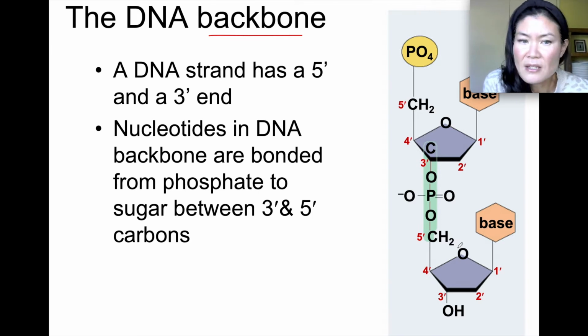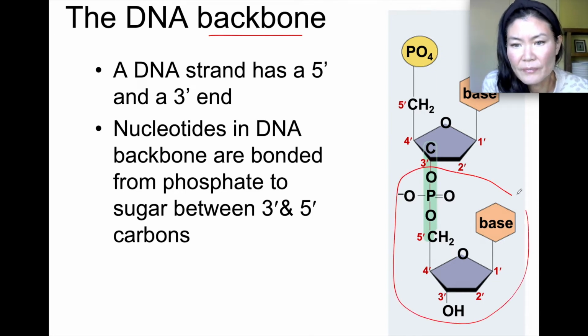The nucleotides in the DNA backbone are bonded from phosphate to sugar between the 3' and the 5' carbons. Let's take a look at this nucleotide right here. This would be the 3' carbon. This would be the 5' carbon. The 5' carbon is attached to its own phosphate group.